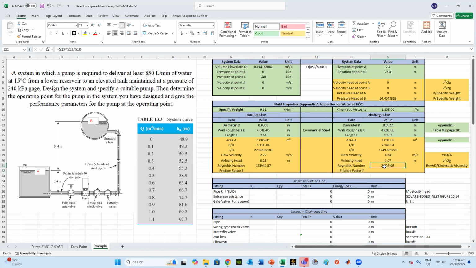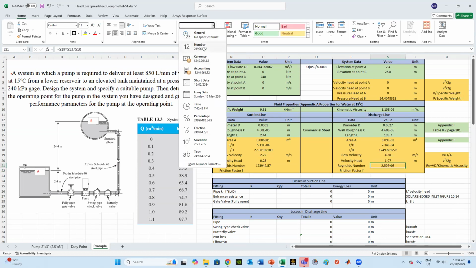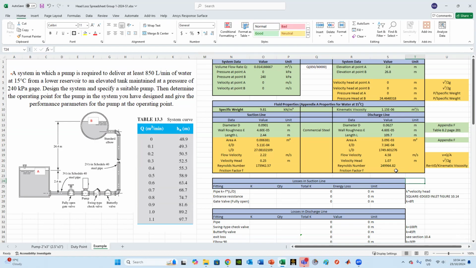Again, this will be a turbulent flow. It's bigger than 2000.